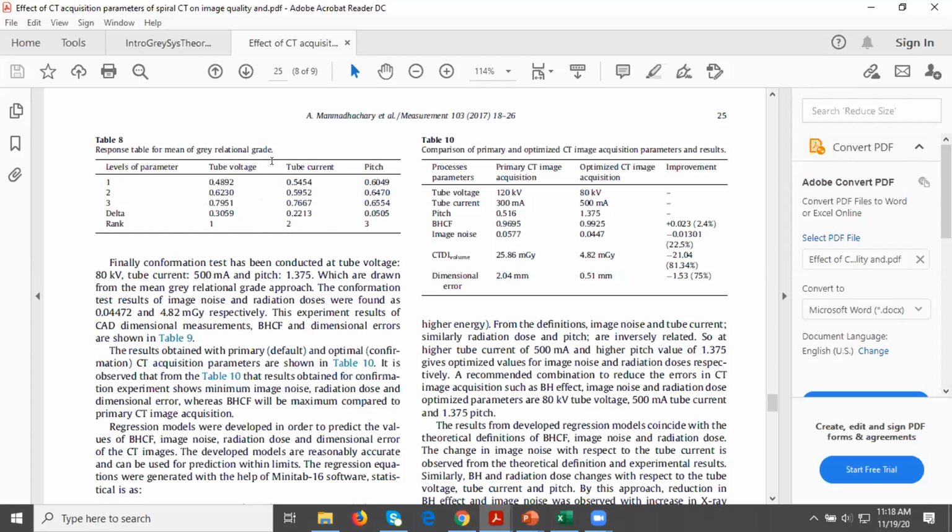So the error comes based on the energy. If we give higher energy, we get a higher radiation dose. When we give less energy, we get less accuracy in the CT images. So that's why we did the optimization. Based on the optimization value, we claim this much: 20.4% image noise is increased, the radiation dose is reduced by 22.5%, and dimension error is also reduced by almost 7.5%.